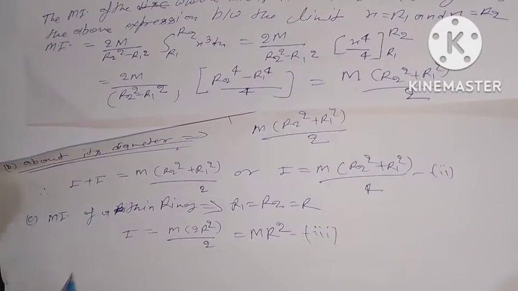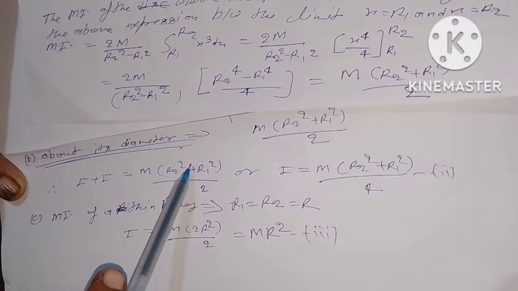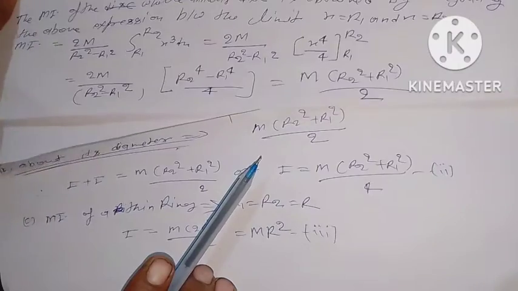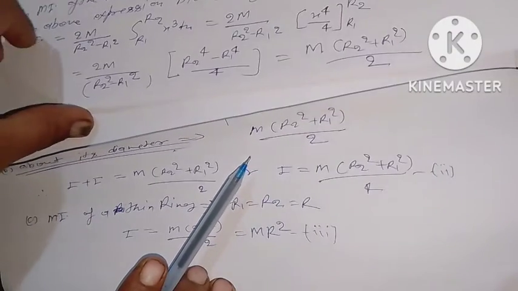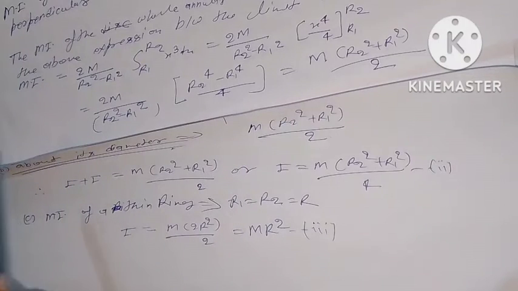And next is the moment of inertia about its diameter. Since the annular ring is symmetrical, the moment of inertia of the annular disk about one diameter is equal to the moment of inertia about another diameter.